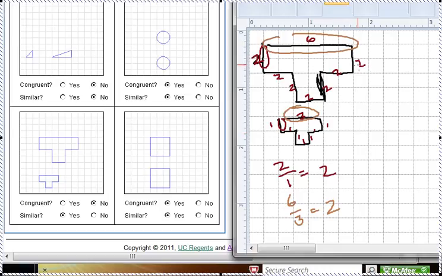In fact, if you divide anything on top here by its corresponding side, this right here, the corresponding side would be this guy right here. 2 divided by 1, you'll get 2. 6 divided by 3, you'll get 2. 2 divided by 1, you'll get 2. If you divide any of the corresponding sides, the ratios need to be the same. Does that make sense? The fractions need to end up being the same.